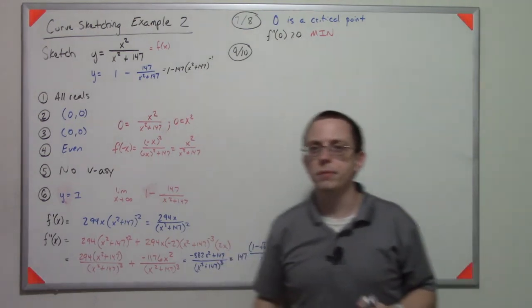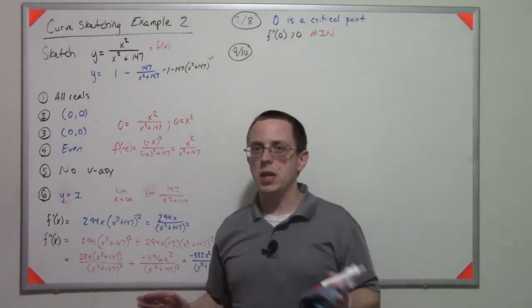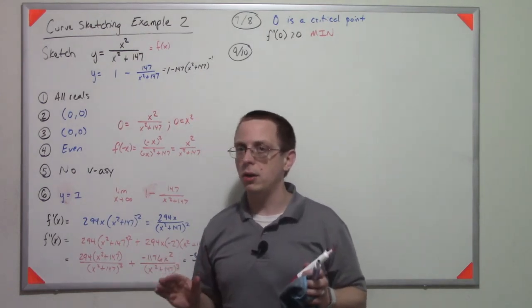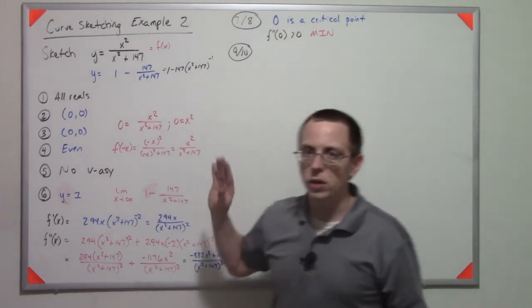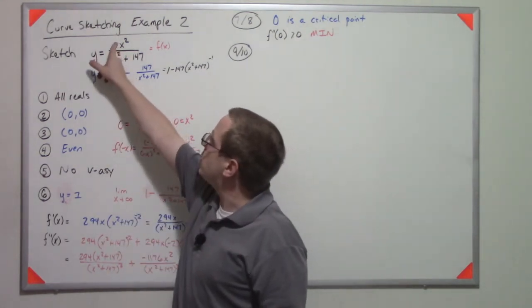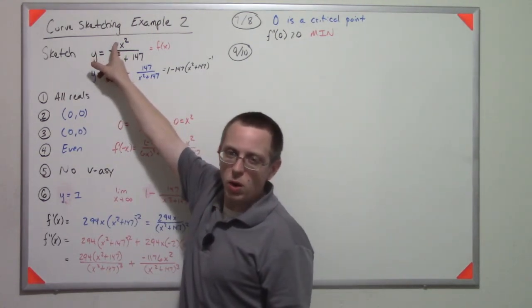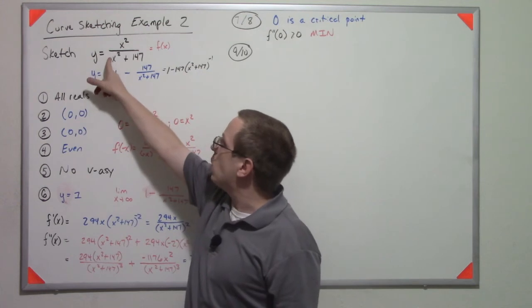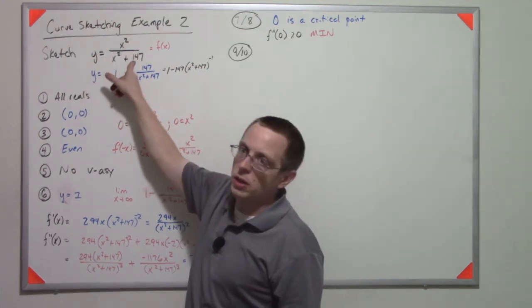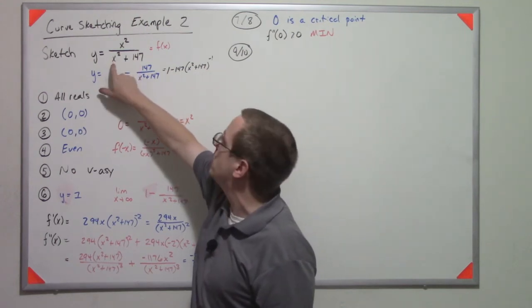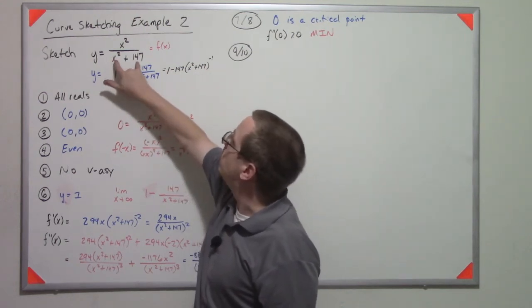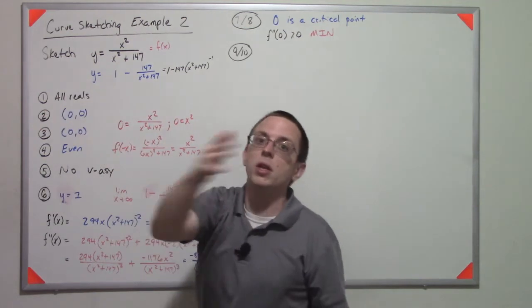Which, by the way, you could have seen this without even using calculus. Let's take a look at the original function. This is always positive or 0. This is always positive or 0, but the total sum has to be positive because that can never be negative, so it's 147 plus something.